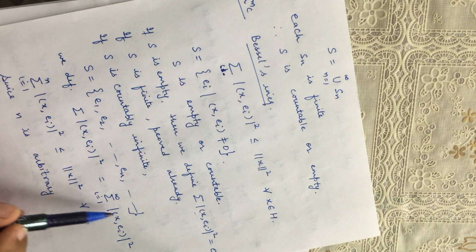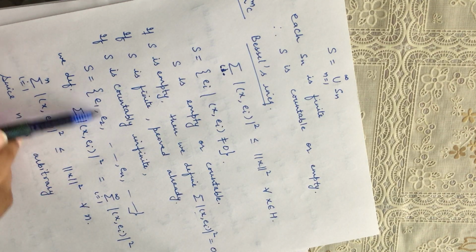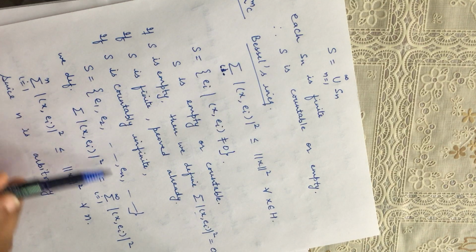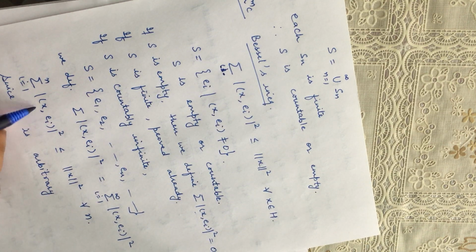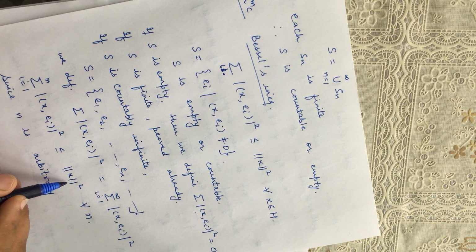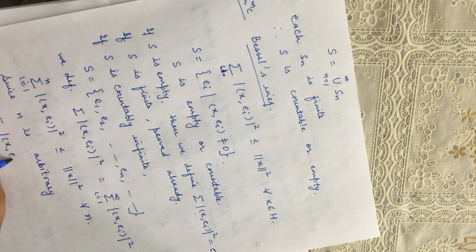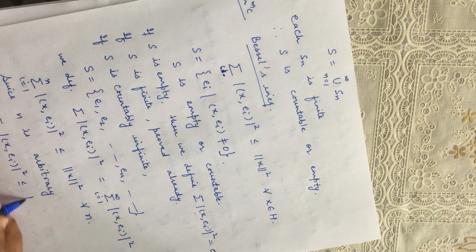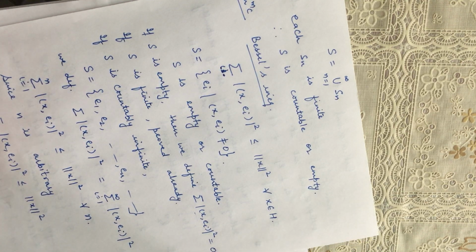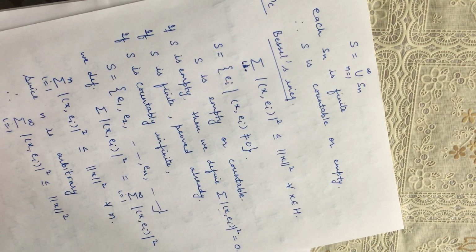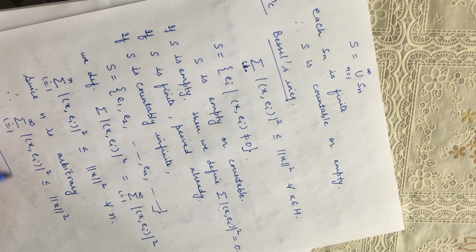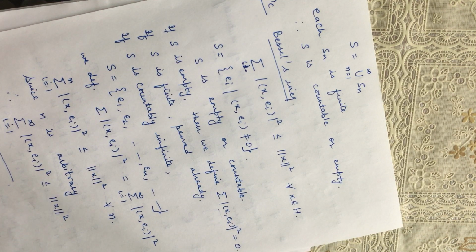So this sum is not dependent on the rearrangement of the vectors of S, and we know it is less than or equal to norm x square for each n, and n is arbitrary. Therefore the summation is less than or equal to norm x square for the infinite sum also. So this proves Bessel's inequality for the infinite case.